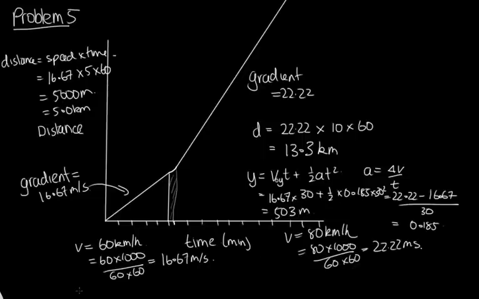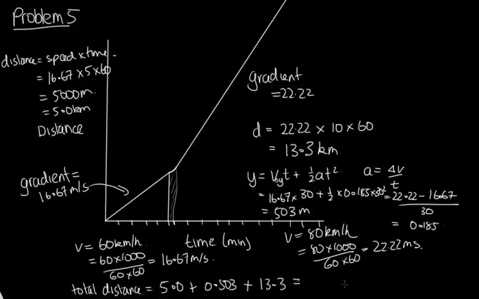So the total distance is equal to the 5 kilometers plus the 0.503 kilometers, just dividing that by 1,000 to get it into kilometers, plus the 13.3 kilometers. And so solving this on the calculator, or in your head even, we get 18.8 kilometers. And so that's the answer to part C.